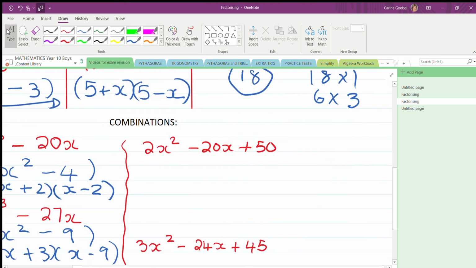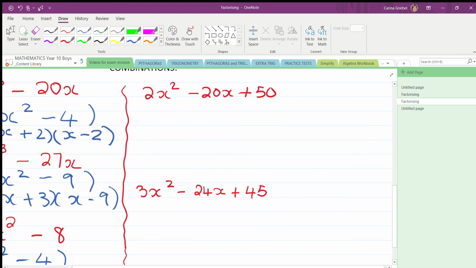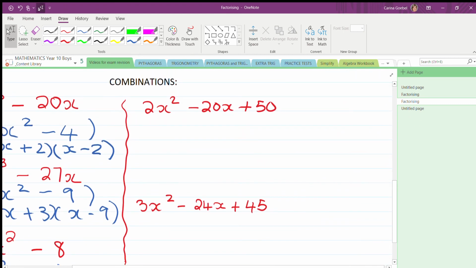Right, we're just going to have a look at these two last questions, combinations. You will remember at the start I said your first step factorizing should always be to see if your expression has a common factor, which this one does. It's divisible by 2. So you're left with x squared minus 10x plus 25.